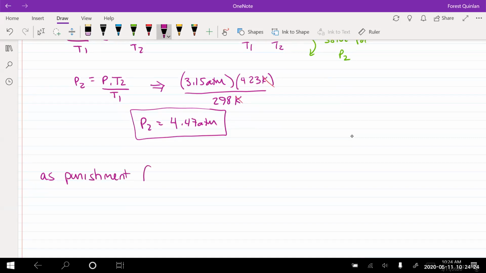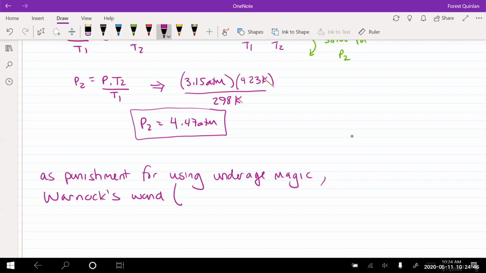As punishment, we're using underage magic. Warnock's wand. What's your wand made out of, Warnock?